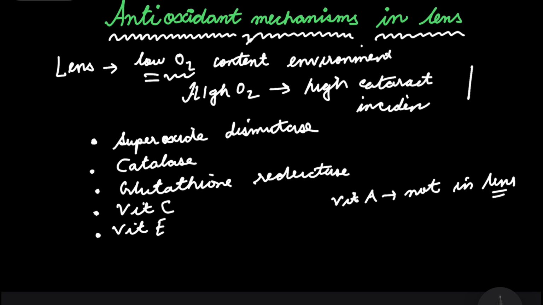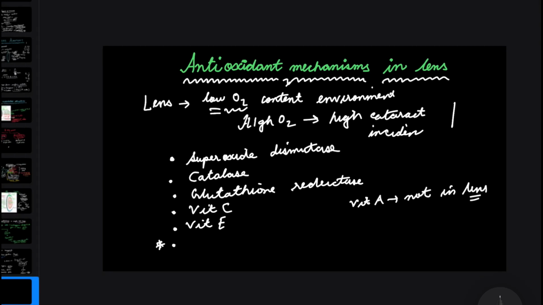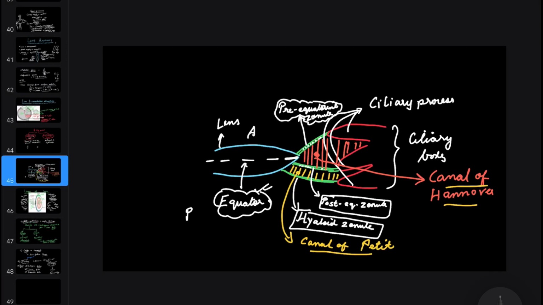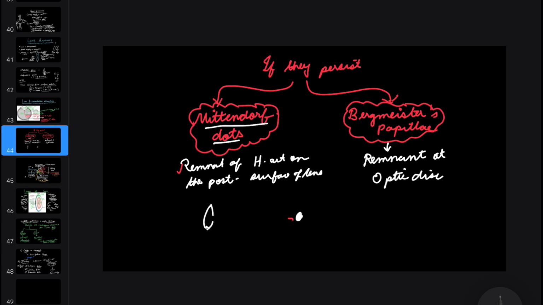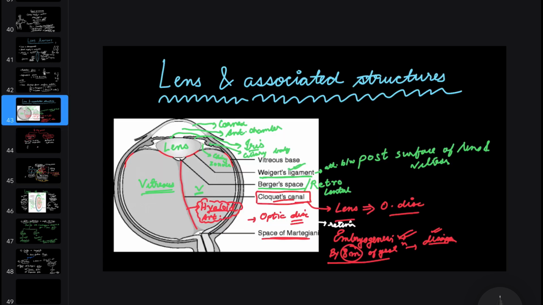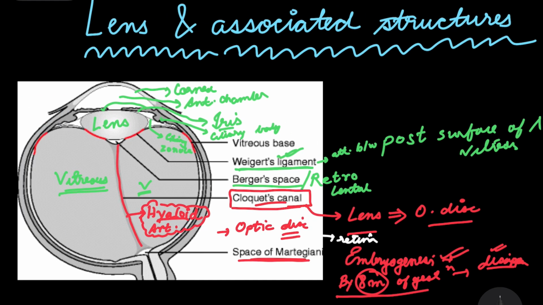Another interesting mechanism, and this is very, very interesting, by which low oxygen content is maintained around the lens: if I remind you what exactly is present around the lens, if I go back to our previous slides, you will see that behind the lens there is the vitreous chamber, right?